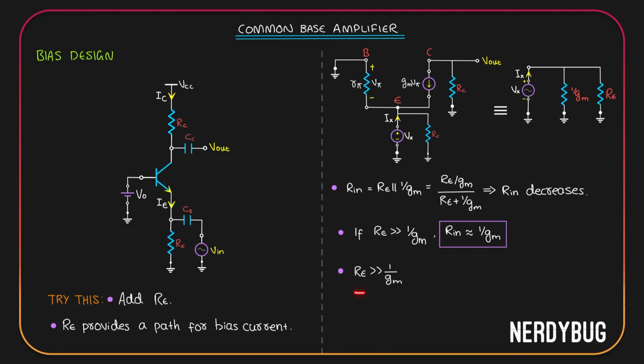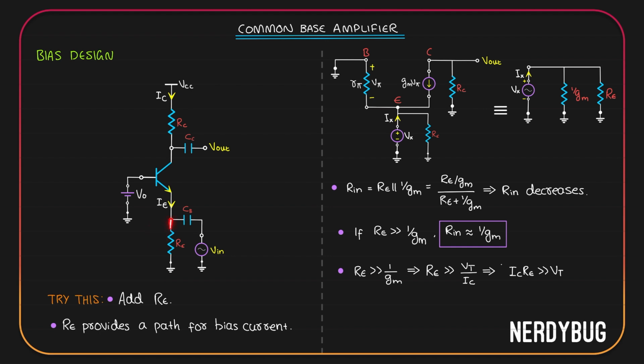If we take Re to be very much greater than 1/gm, that means Re is very much greater than Vt/Ic, because gm is Ic/Vt. Taking Ic to this side of the relation, we can write IcRe must be very much greater than the thermal voltage. But what is IcRe? Re is the resistor we have over here.